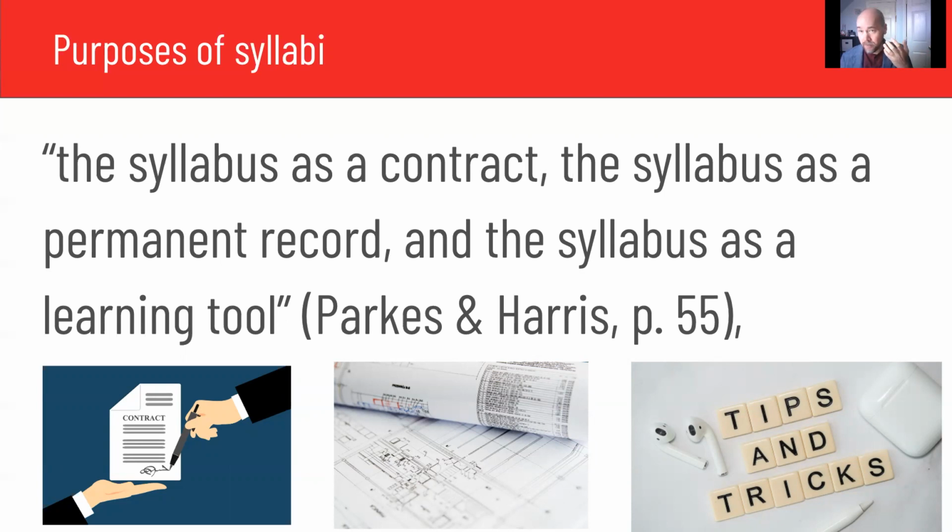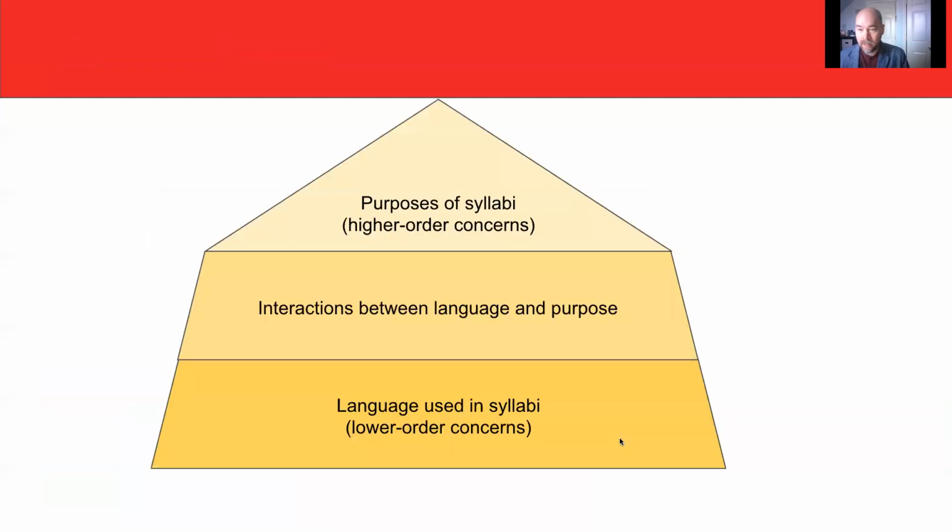The document has the purpose of forming a record of who taught what, when, to who, with what expectations, et cetera, with what textbooks. And that's for the administration of the university or the department. And also, a syllabus is sometimes an informal communicative document from the instructor to students, telling them what they think are best practices, although not necessarily requirements. Things like, check your email every day, stuff like that.